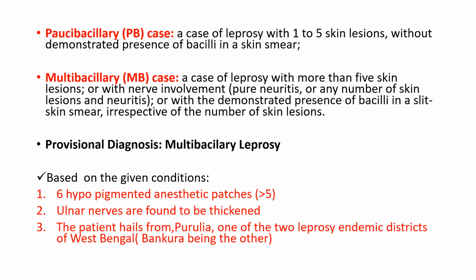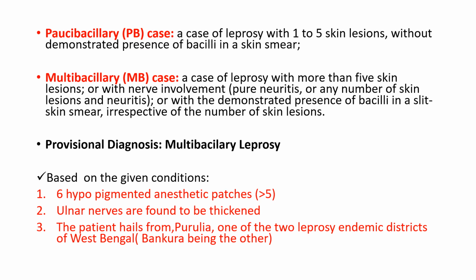So it is either more than 5 skin lesions, or less than 5 skin lesions but with nerve involvement, or presence of acid-fast bacilli in a slit skin smear irrespective of the number of skin lesions.